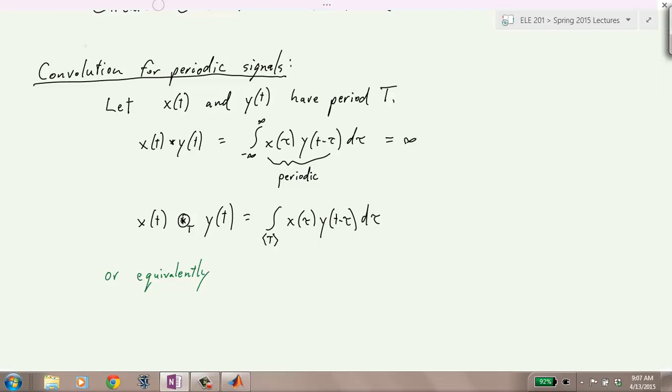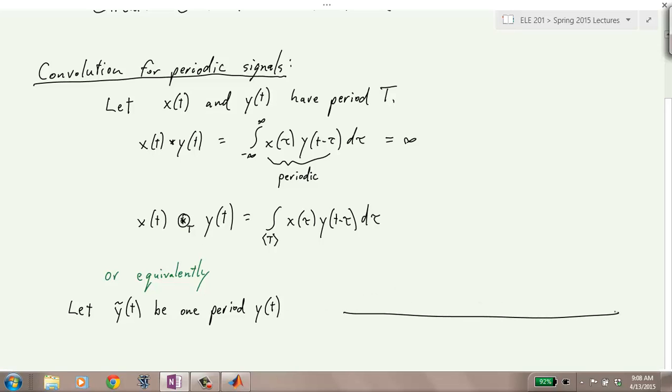So let's take our periodic signal, take one of them, say y, and define a non-periodic signal, y tilde of t, that's just one period of y of t, and 0 everywhere else.